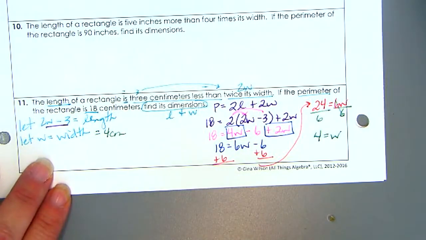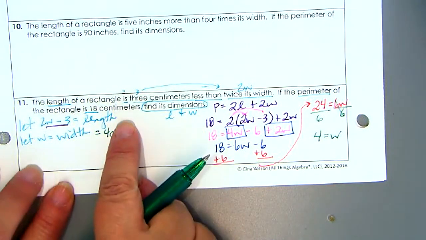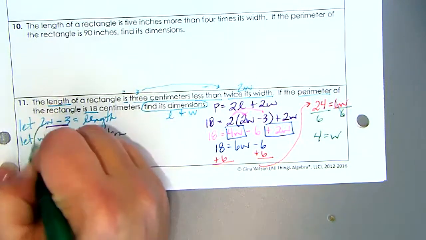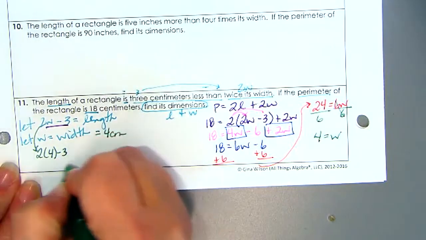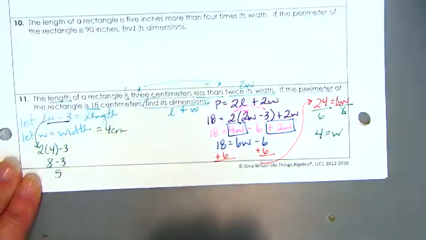But I'm not finished, because I need to also find the length. So to find the length, I'm going to do 2 times 4 minus 3, which is 8 minus 3, which is 5.